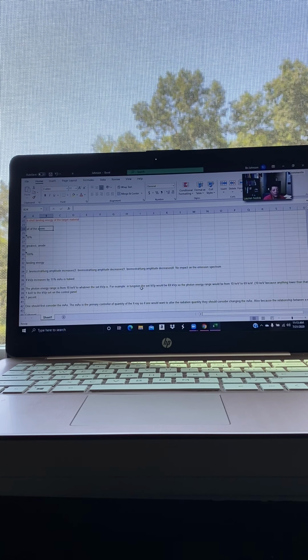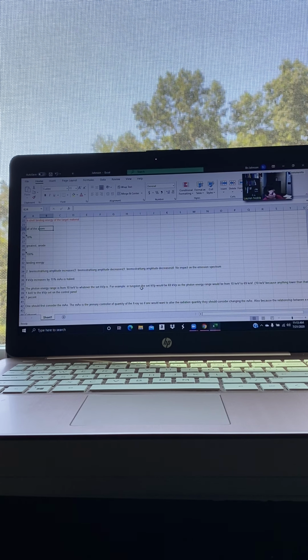And remember, the highest energy for characteristic is 69 keV. So if I'm at 100 kVp, the highest energy photon is 100 keV. Okay, not 69. So that's why that answer, K-shell binding energy, would not be correct. So you should have had kinetic energy of the incident electrons.